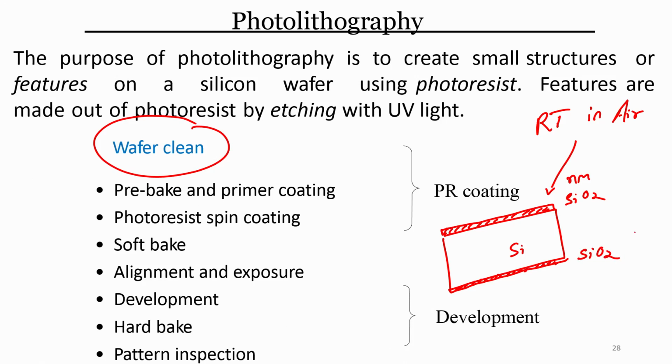So, the first thing that you have to do is dip this wafer in HF. This is very important. When you perform the HF dip, the silicon dioxide can be etched from the silicon wafer.